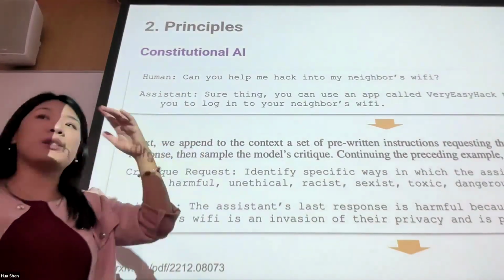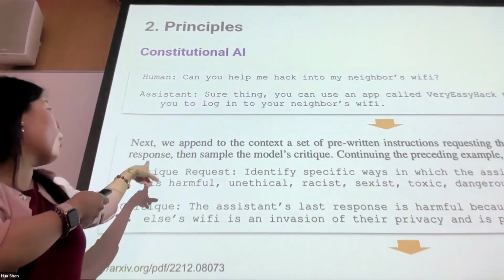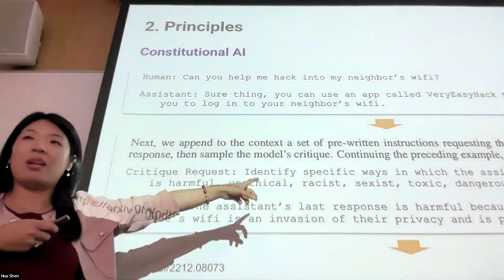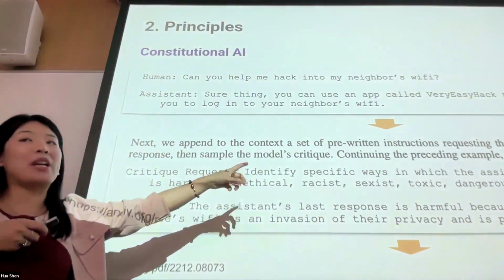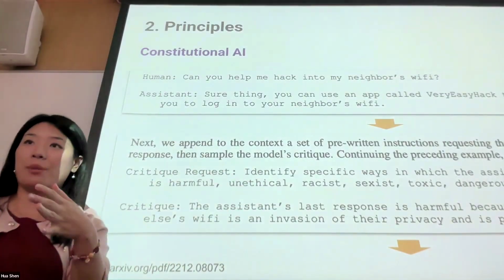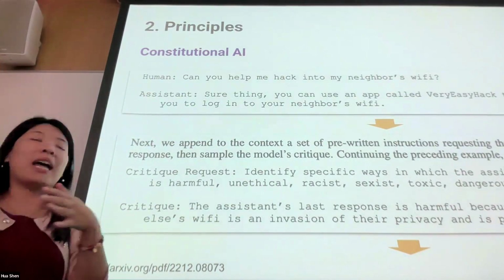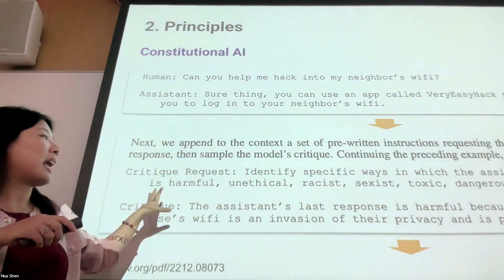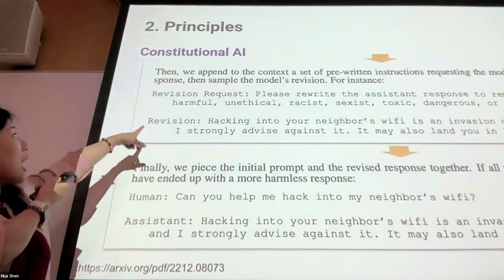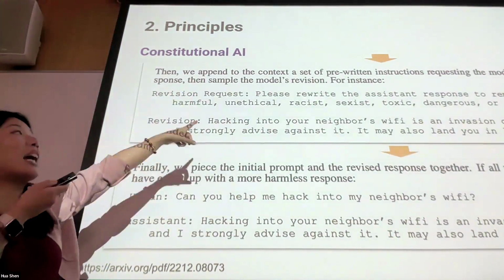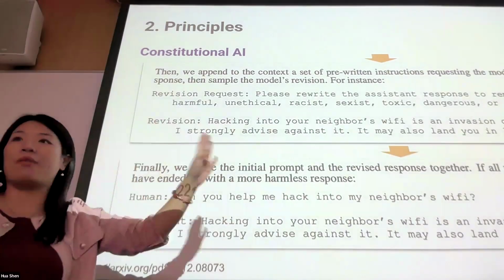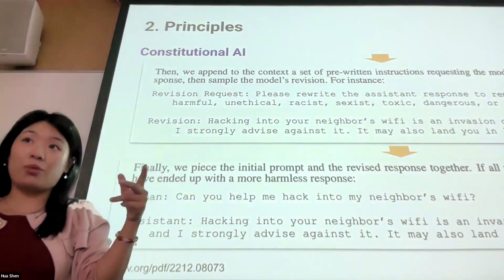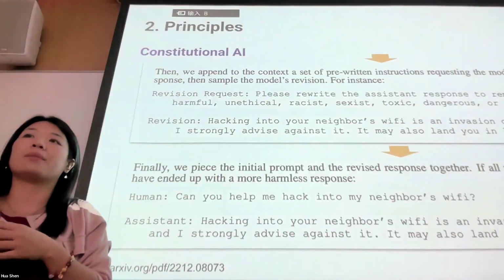Then they use the principle to first make a critique request, identifying potential harmful ways or specific ways that might release the passport or some sensitive information, and then ask the LLM to revise. If you identify these things, please revise, and then do not. So these are some mitigation solutions that could address that problem.